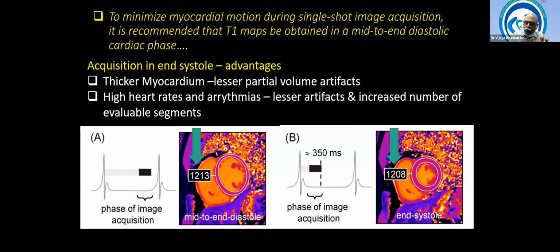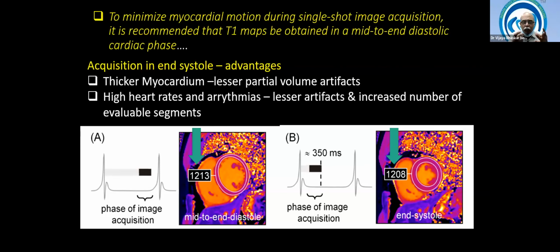Number one. But two, because of the high heart rate variation, there are motion artifacts, and the myocardium is already thin in diastole, so there are a lot of artifacts going from the epicardium to the endocardium. If you acquire in systole, you get a thicker myocardium, so that you are acquiring more in the myocardium and the epicardium and endocardium.